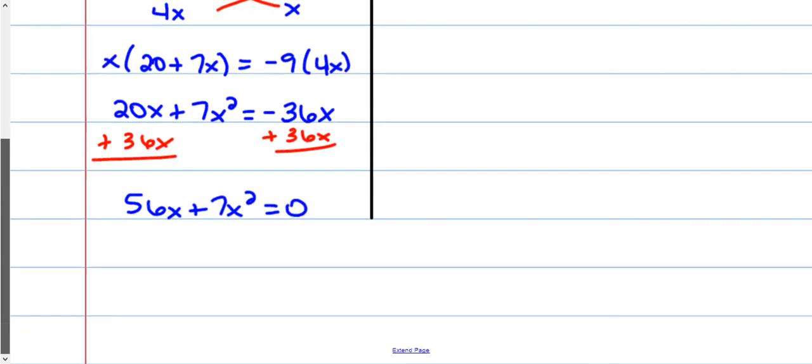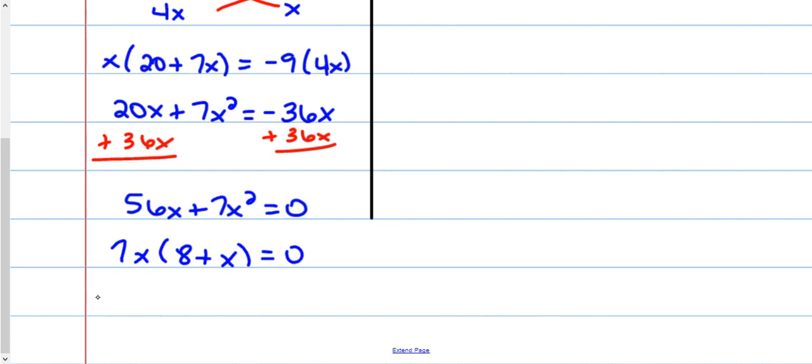Now then, to solve this, well, they both have an x, so I can factor out an x, but they also both have a 7. 56 is divisible by 7. So I can factor out 7x. When I do that, I'm left with 8 plus x on the inside equals 0.